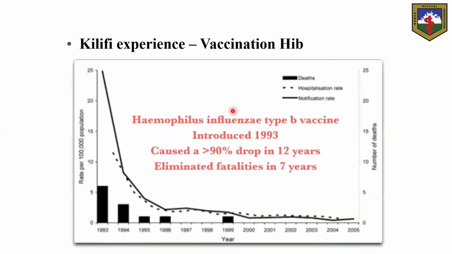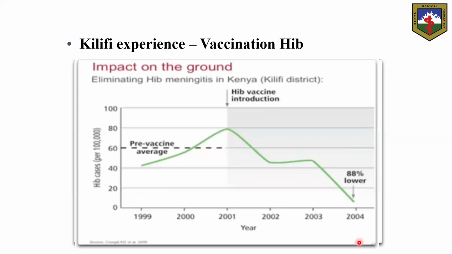Do you have any data locally? Of course we do. From Kilifi, we have data from Haemophilus influenza. The vaccine was introduced in 1993, caused a more than 90% drop in 12-year children, and eliminated fatalities in children under 7 years. So you can actually see that graph, the deaths just dropped, and that's for influenza.